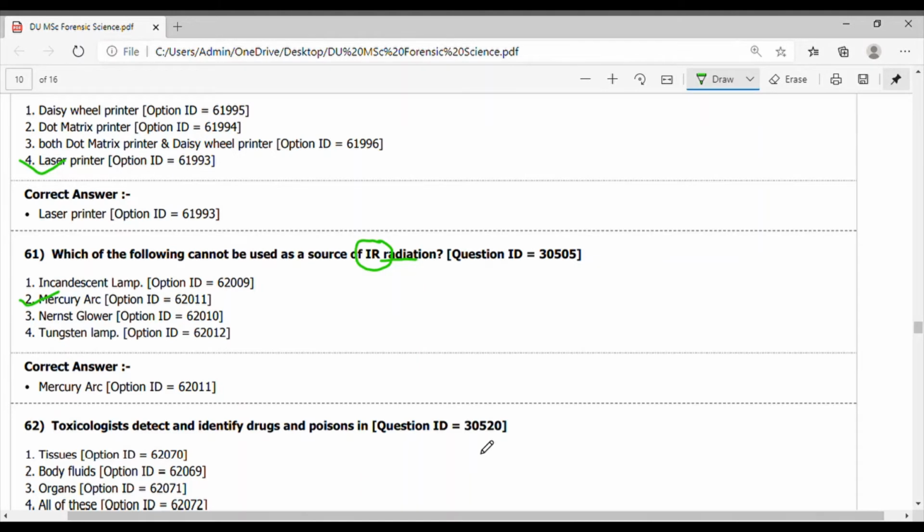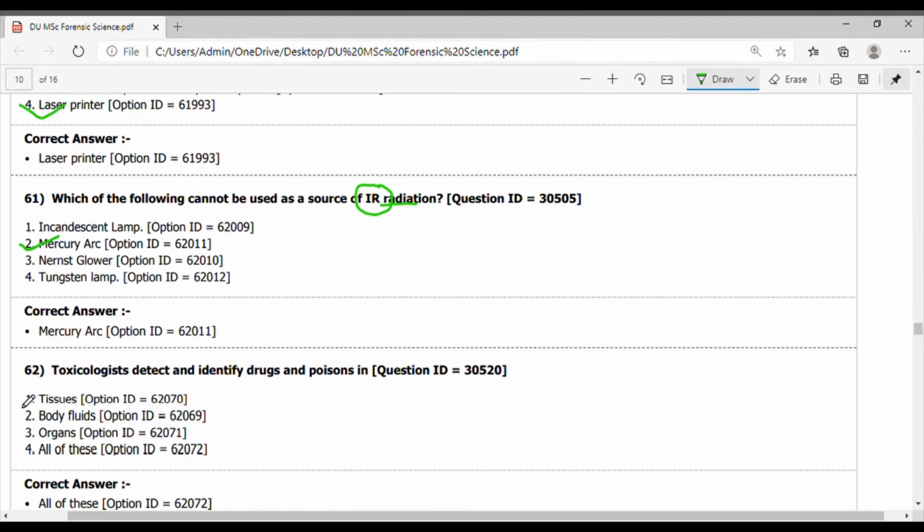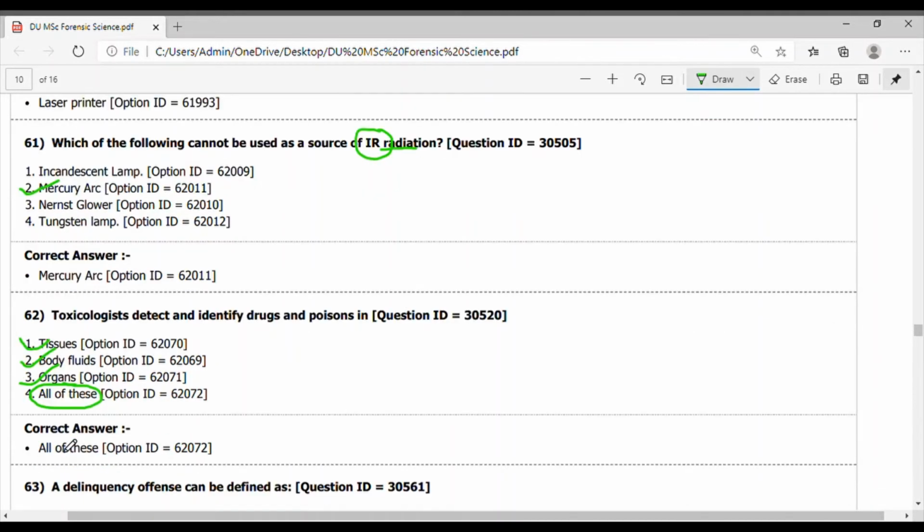Another question 62, the toxicologist detects and identifies drugs and poisons in the body, tissues and organs also. So the correct option is 4, that is all of these.